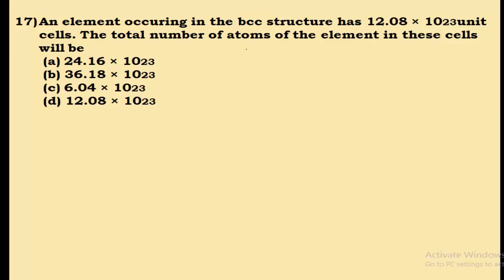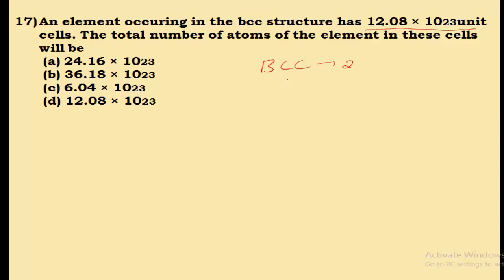They have given an element that crystallizes in the BCC structure. In a BCC unit cell, the number of atoms is 2. And they told you there are 12.08 × 10^23 unit cells.